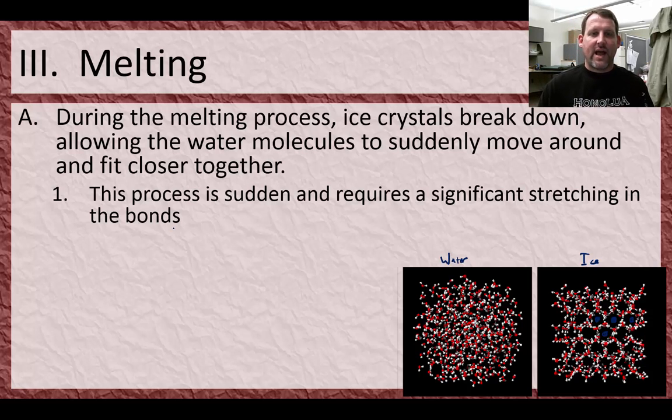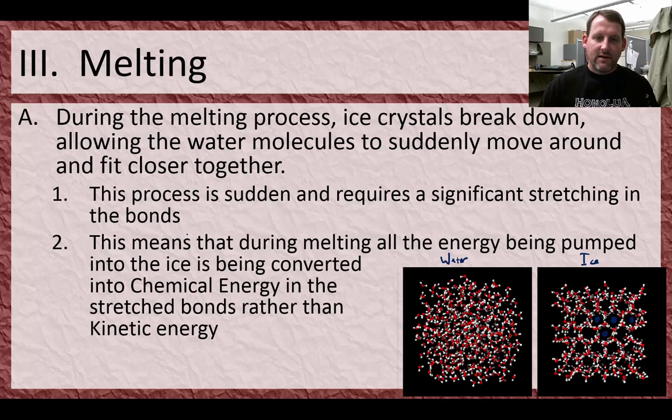And that stretching happens all of a sudden during the melting process, which means that all the energy you put in is going to stretch those bonds all of a sudden as they go from being trapped in place to moving around. And it's not a slow process over time, because either you're trapped in place or you're moving around.